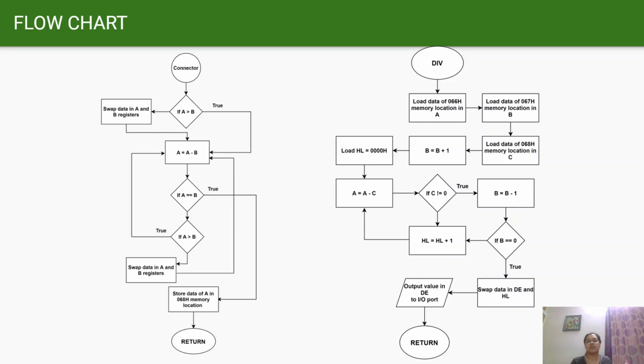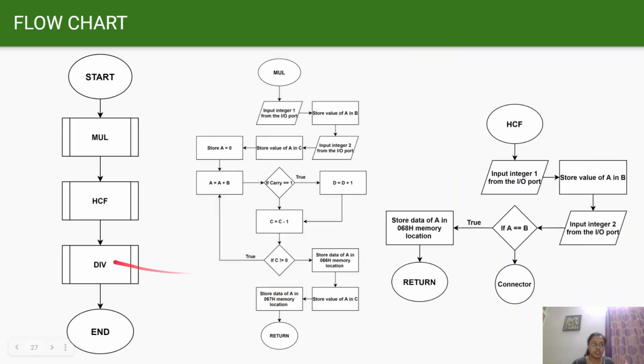Once the least significant bits become 0 or less than 0, then we would decrease the most significant bits by 1, and then the process continues again and again till both the most significant bits and the least significant bits become 0. After that happens, we have the quotient of our division of the product and the HCF in the HL pair, and then we output that HL pair through the IO ports and return to the main routine, after which, after division, we terminate the program.